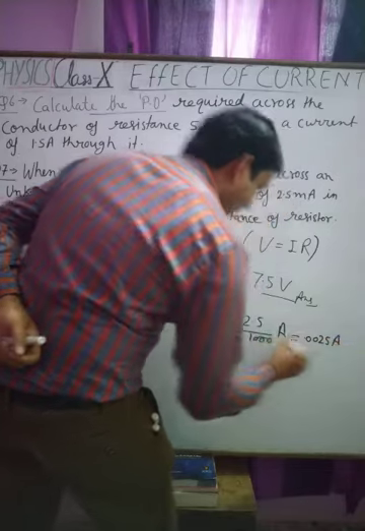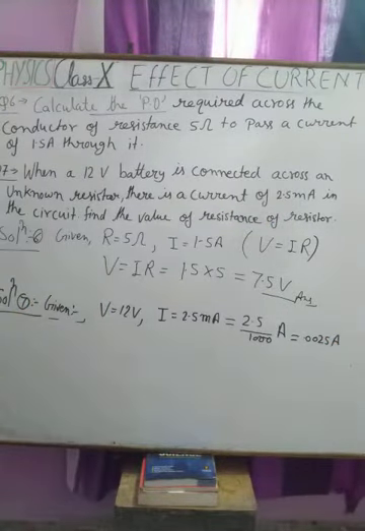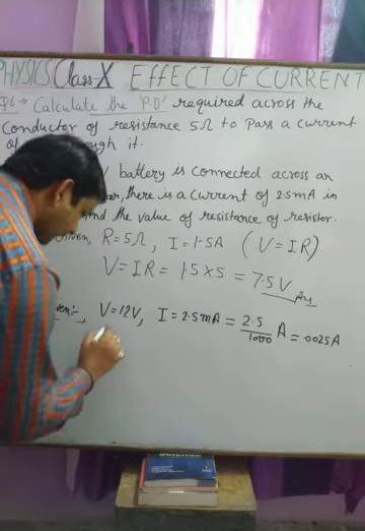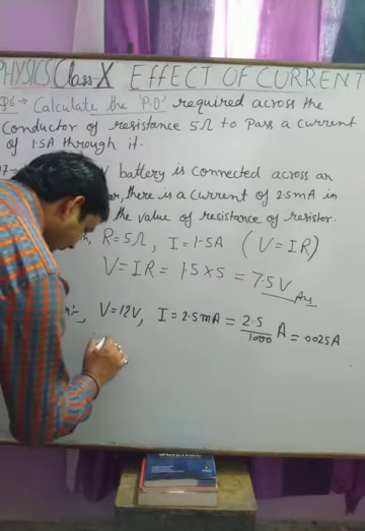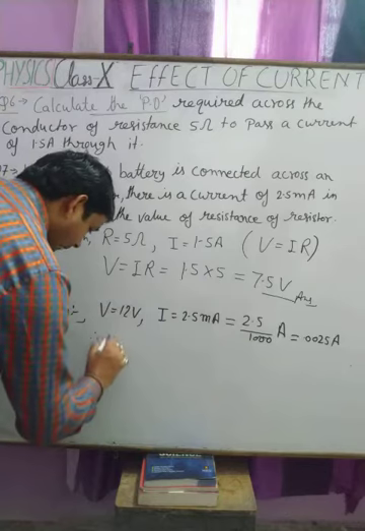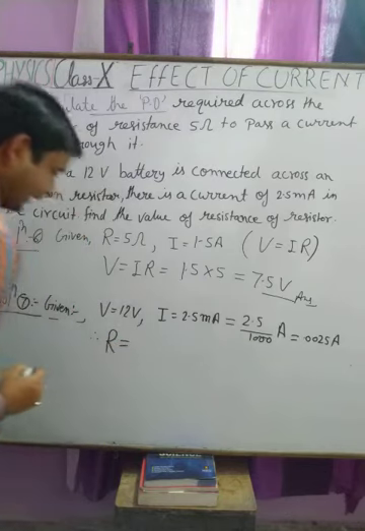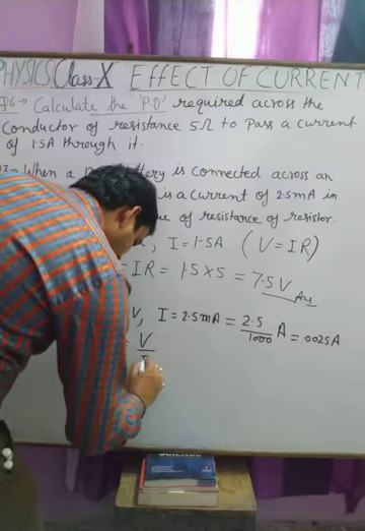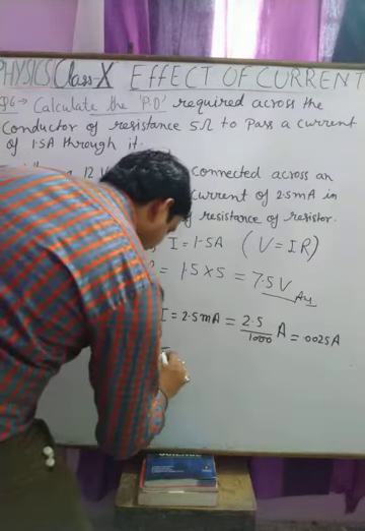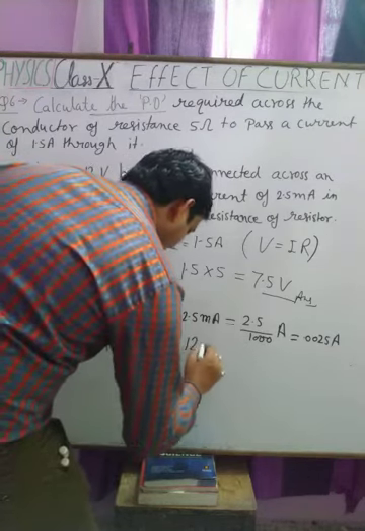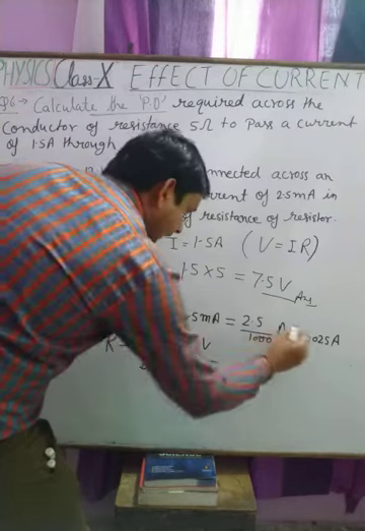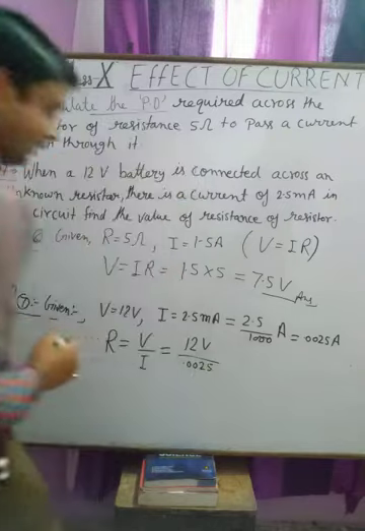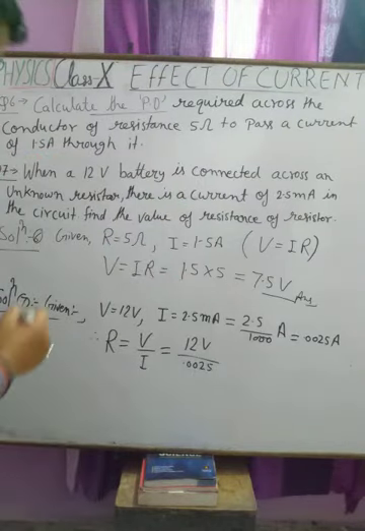0.0025 ampere. Okay, now we are going to solve for the value of the resistor. By Ohm's law the resistance of the conductor is V upon I, therefore we have 12 volt and I is 0.0025 ampere.